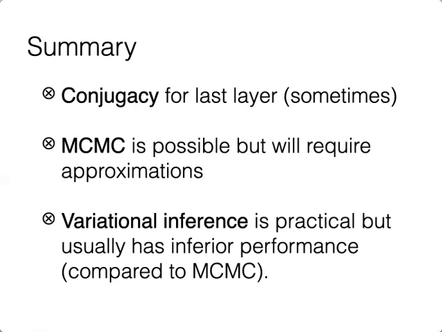If you care about getting something fairly close to the true posterior, MCMC is an option, but it will usually require approximations and some careful computational implementations. And variational inference is practical for much larger neural networks, but as is not too surprising, given that we have to assume some restricted form, we'll often run into inferior performance compared to MCMC.